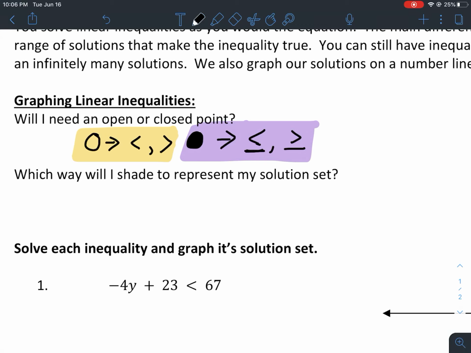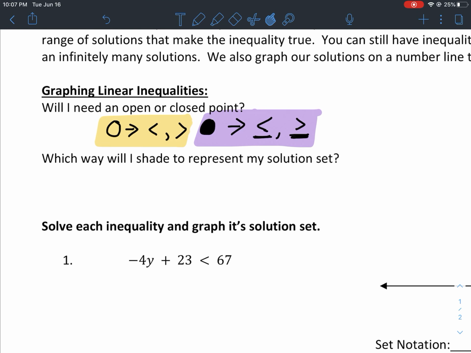So if you look at this line underneath, less than, that means less than or equal to. This means greater than or equal to. So if you have a closed circle or a closed point here, you are saying that on that point, that number is also a solution, which is meant by less than or equal to or greater than or equal to. It could be bigger than that number or exactly that number, or it could be smaller than that number or exactly that number.